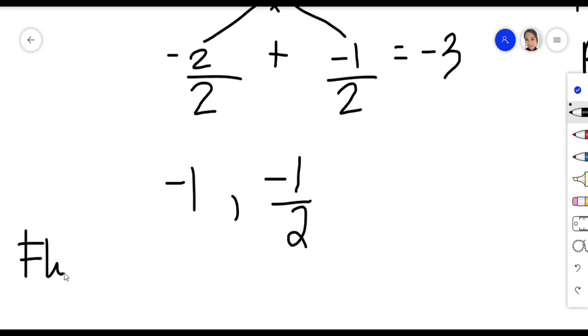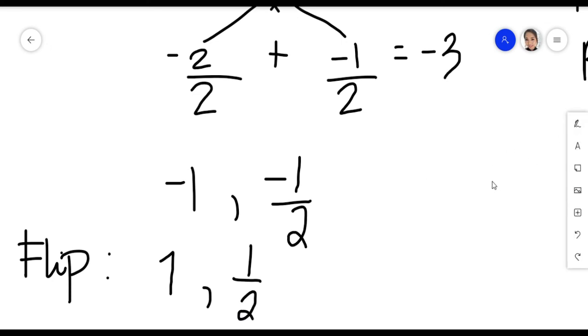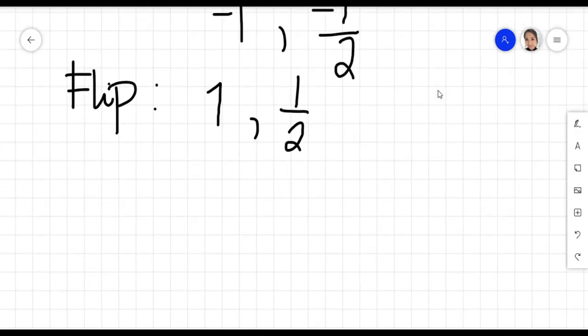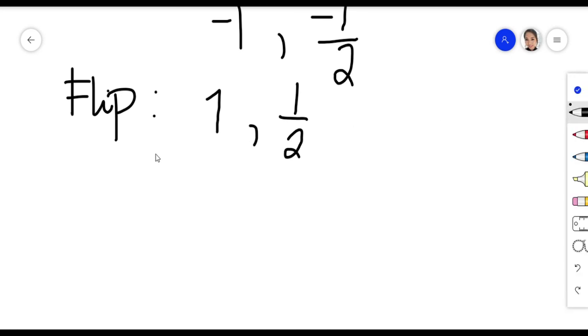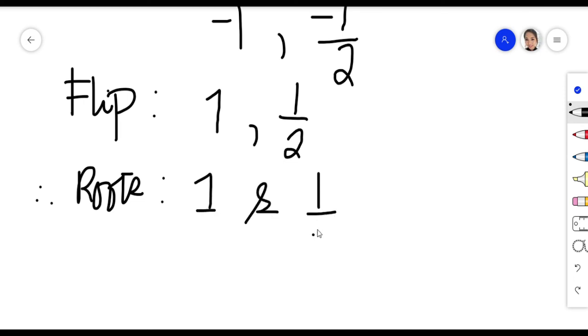That is positive 1 and then positive 1/2. Therefore, our roots are 1 and positive 1/2.